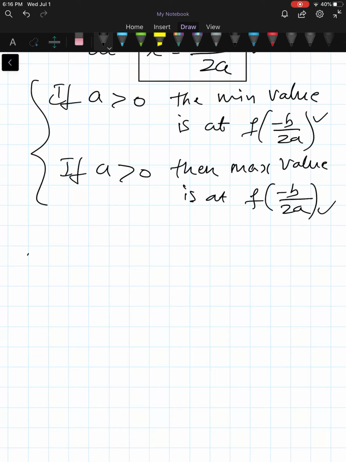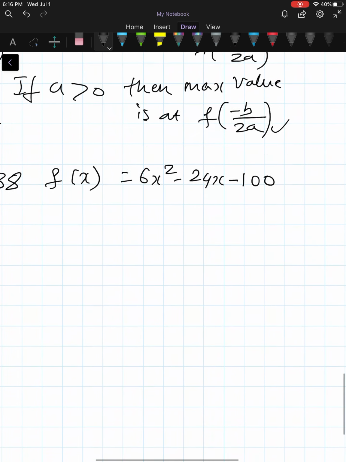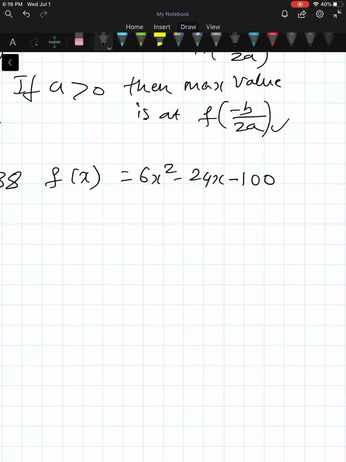Okay, so let me do problem number 38 for you. Problem number 38 states that f of x is equal to 6x square minus 24x minus 100. So a is 6 here, b is negative 24, and c is negative 100.